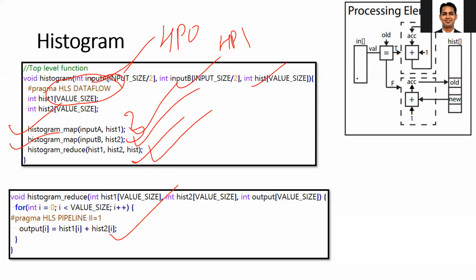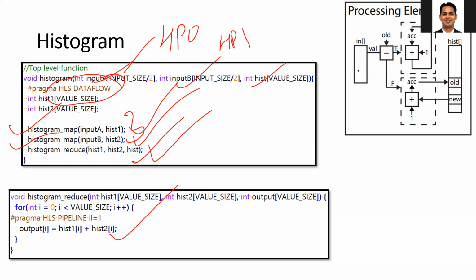Okay, so to summarize, we have used the data flow directive here to enable the design with task pipelining. So here we have a total of three processes. One is the histogram for the input A, histogram for the input B, and then the sum of the two histograms.